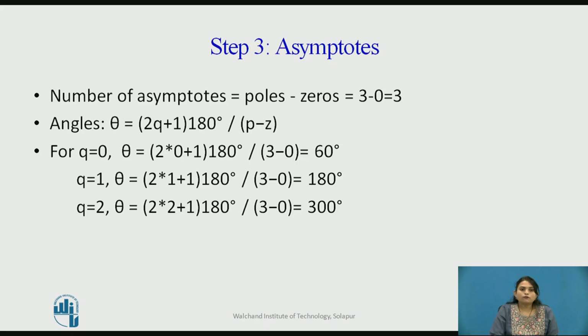For q equal to 0, 1, 2, we get 3 angles: 60 degrees, 180 degrees and 300 degrees. So we can plot the asymptotes with these 3 angles.